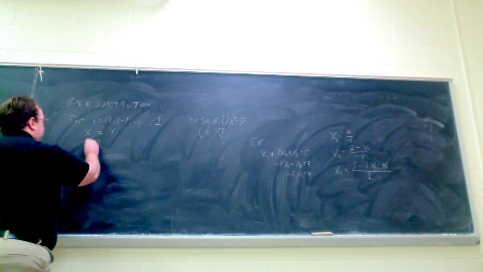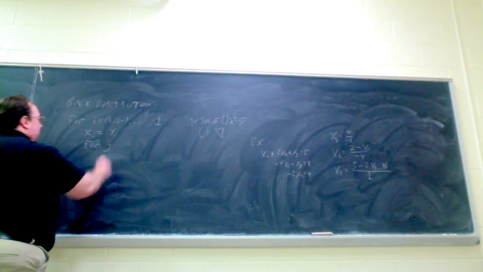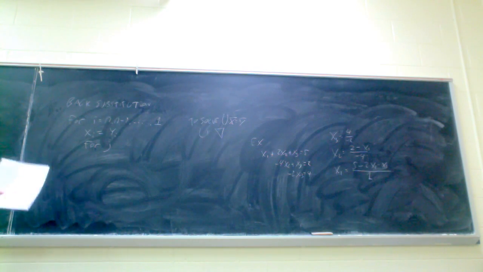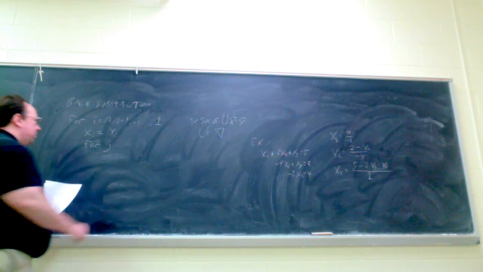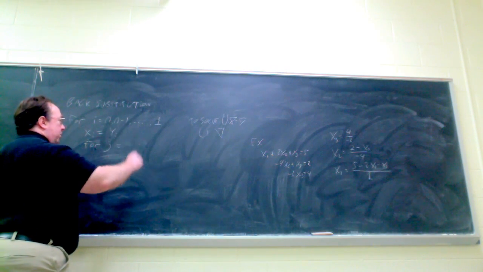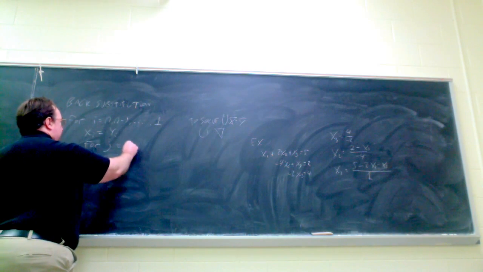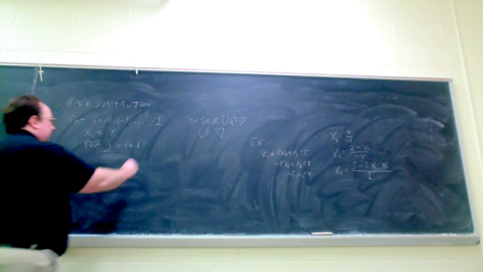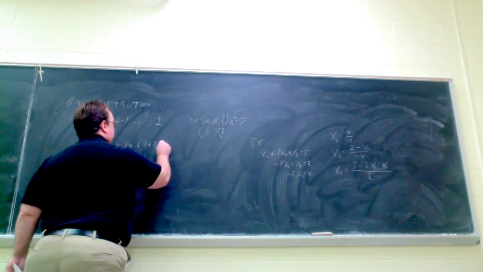So j is going to be a column index, and you go all the way to the last column, starting with the column immediately to the right of where you are: i plus 1, then i plus 2, and so forth, all the way to the end.